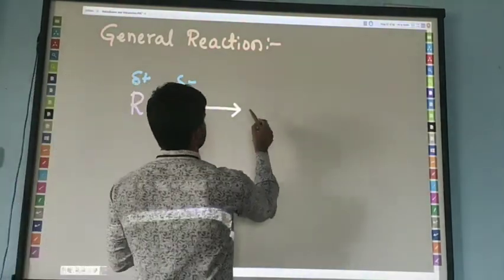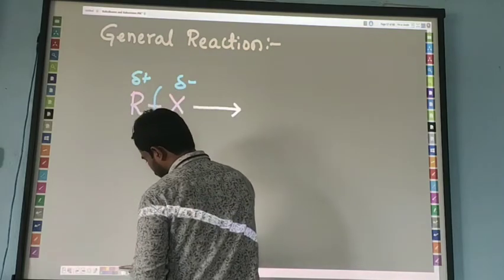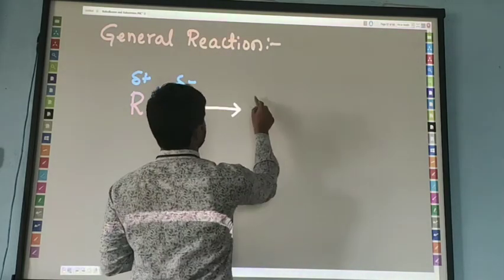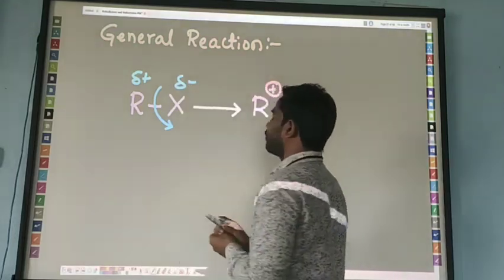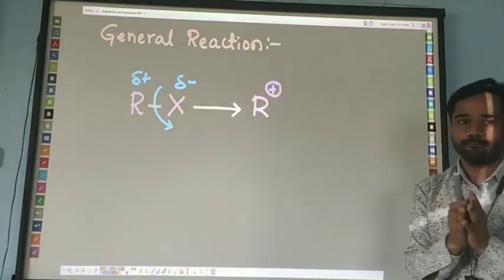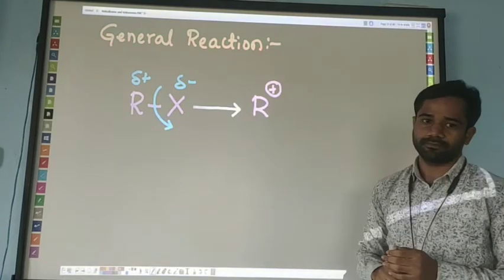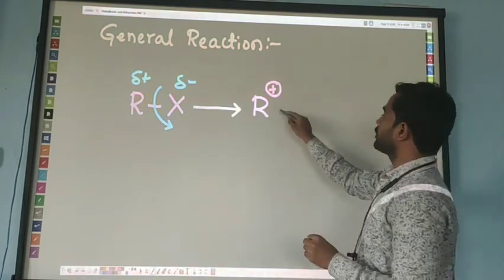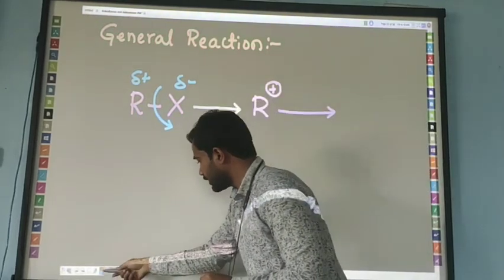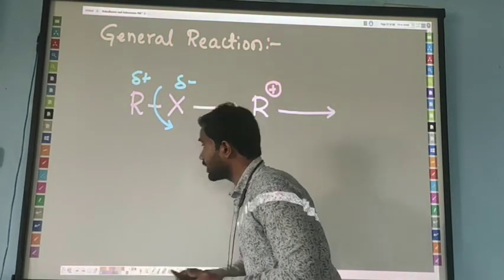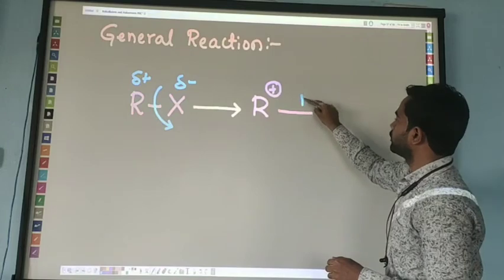Okay, the formation of carbocation is possible in the first step. After the formation of the carbocation, there is an attack of a nucleophile. Where is the nucleophile going to attack?